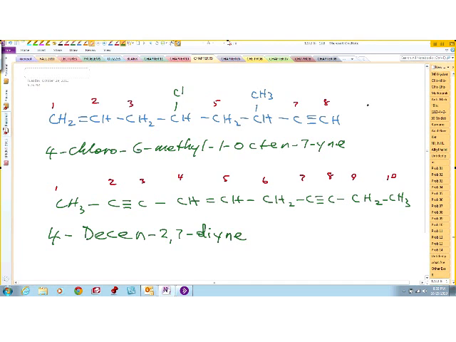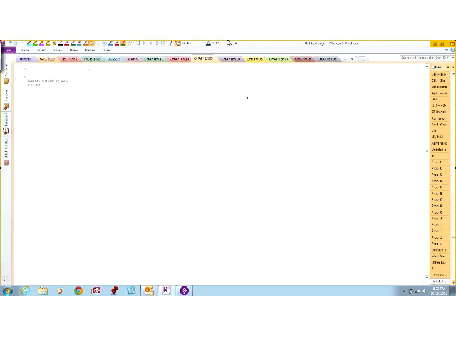Okay. One more thing I need to tell you. Because of the geometry of the alkyne, the bond angle is 180 degrees between this carbon and this carbon, and this hydrogen and this carbon here. Because of that, you cannot have an alkyne in a small ring system.